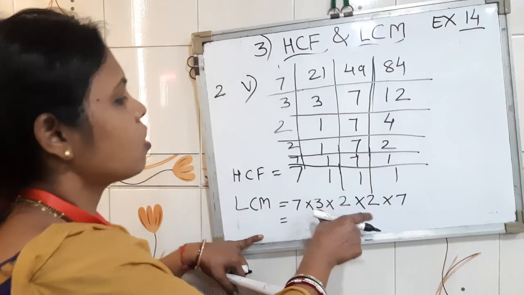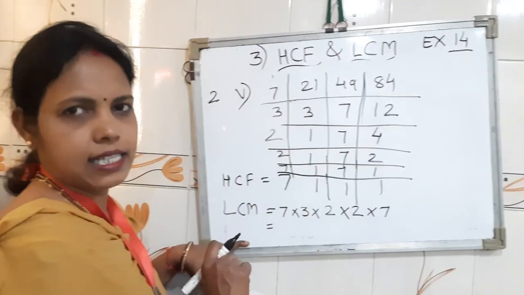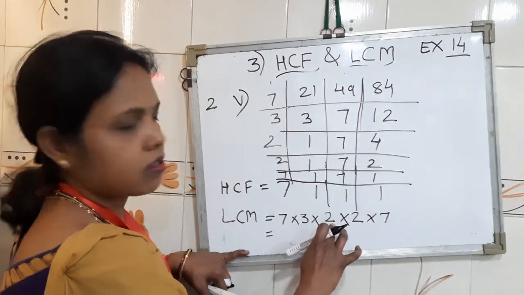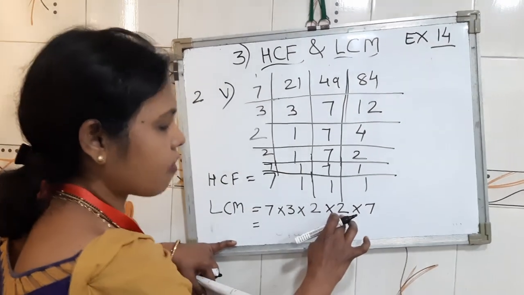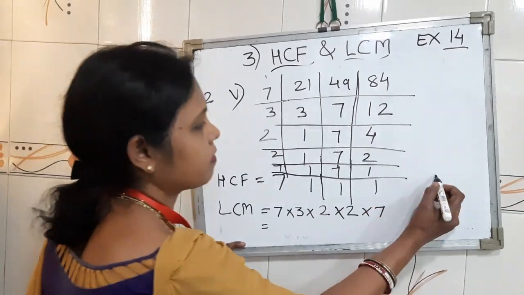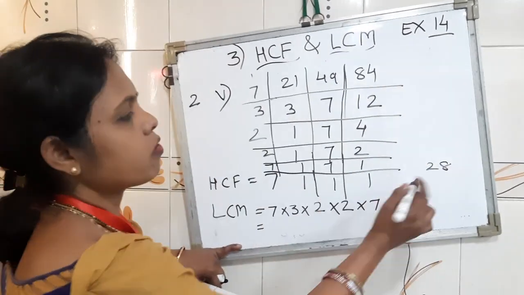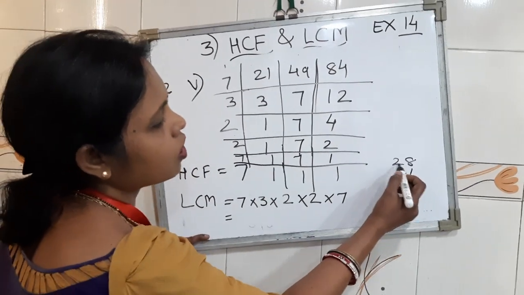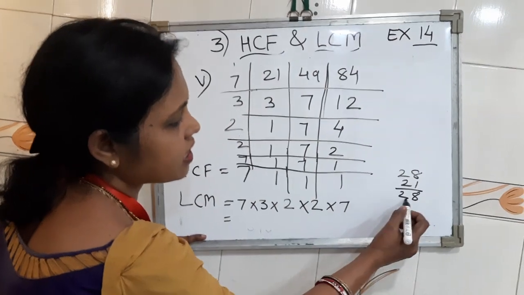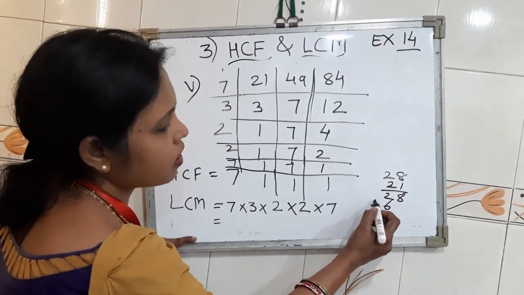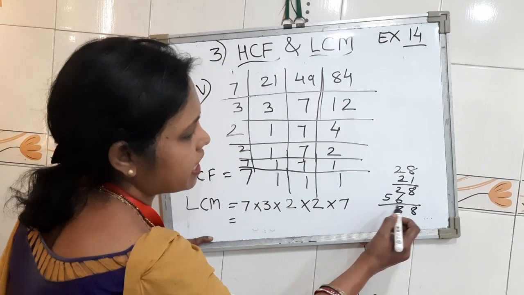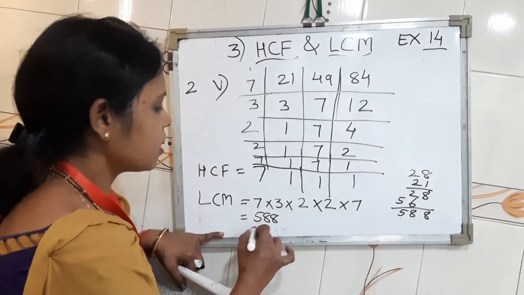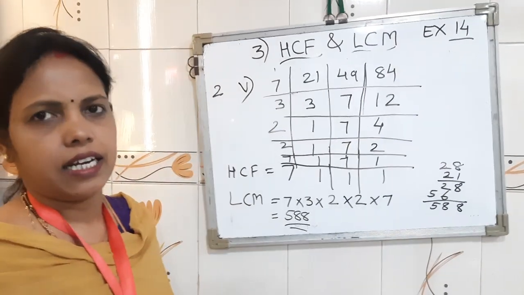The product of these factors will be your LCM. 7 twos are 14, 14 threes are 42, 42 twos are 84, 84 sevens are 588. So your LCM for these numbers is 588.